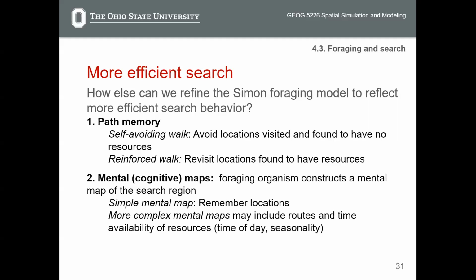And if it's an animal that is more evolved, they could have more complex mental maps, which may include routes and time: how you visited a specific location, when you visited it, okay? And time is especially important when you assume that resources will respawn, will regrow, right? After a specific time, you may want to go back to a location you visited before to check if resources are back, so you can collect them again.